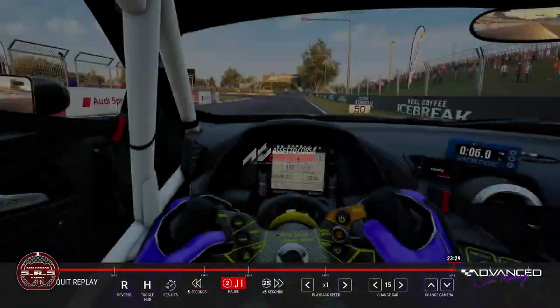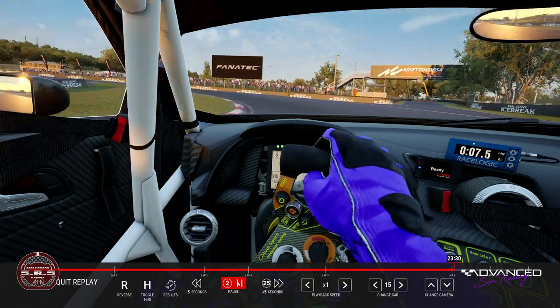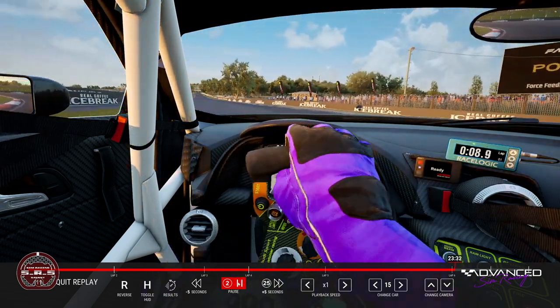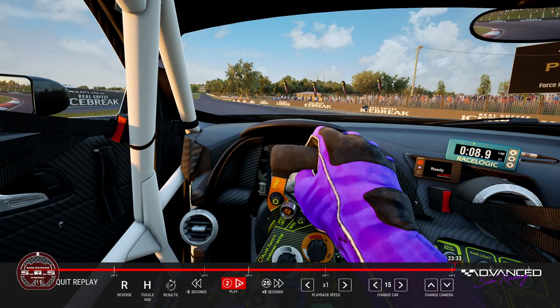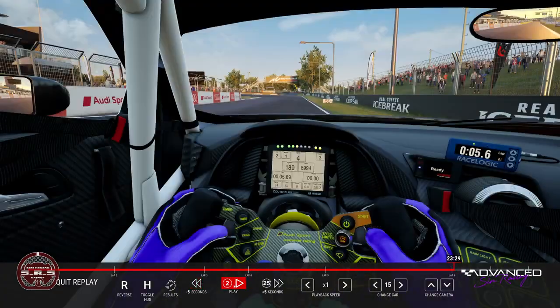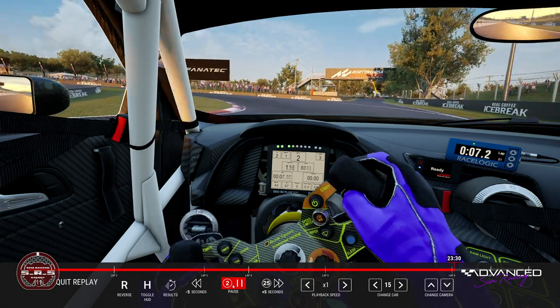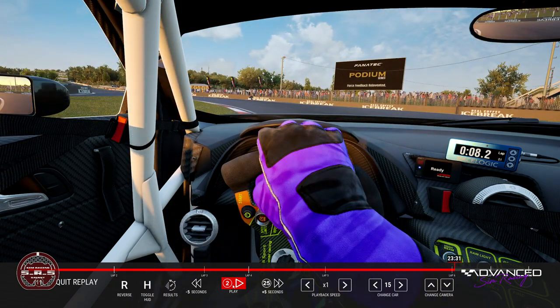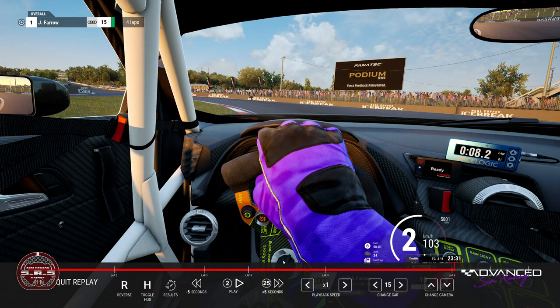I'm nowhere near the exit there because I get stuck here, and I'm just not carrying enough speed. How do we know that? Well, on exit, I can just steer away from the apex. My HUD's not on.